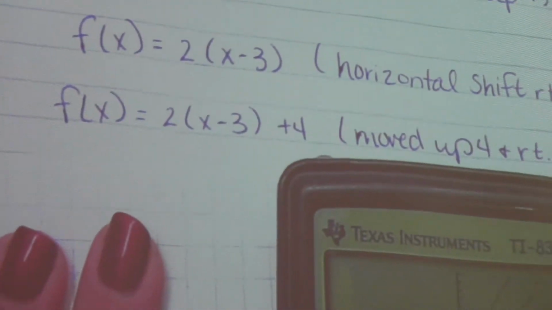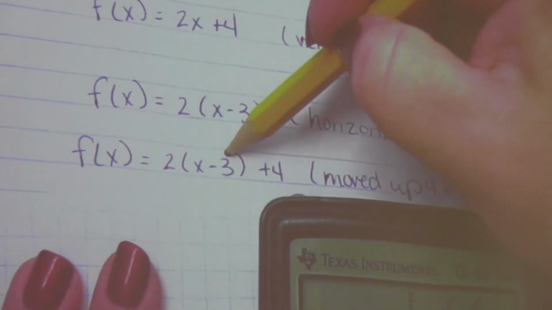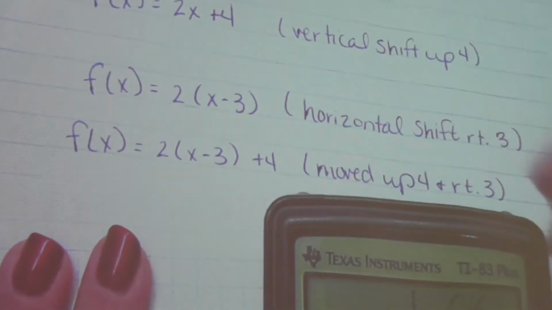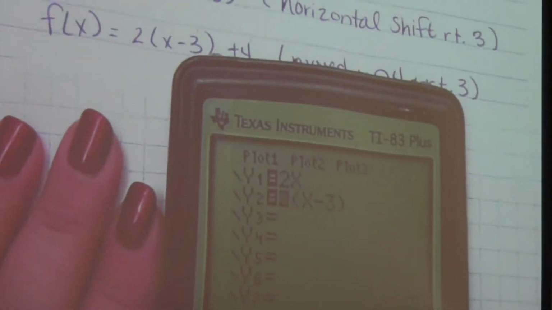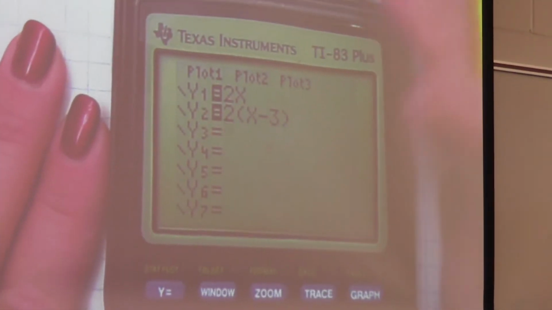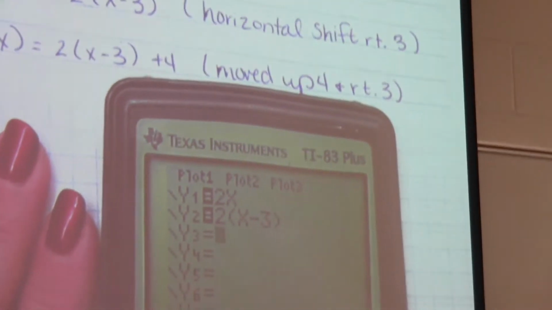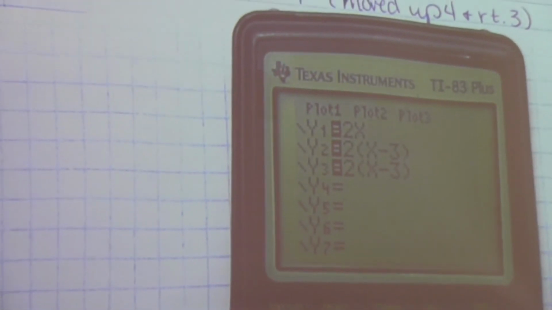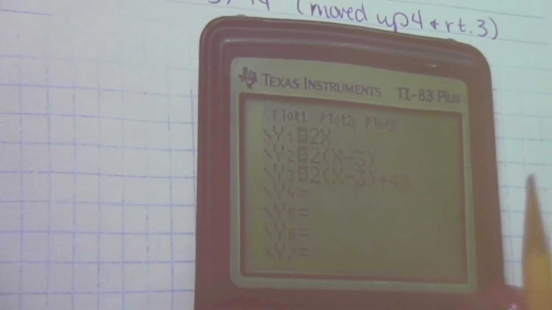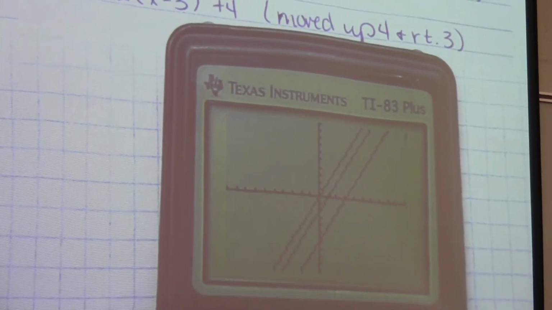And so in the last example here, we're going to do both. We're going to go ahead and shift to the right 3 and up 4. So if you take your same set of equations, get rid of the second one again, you can just say it's 2 times (x minus 3) plus 4.